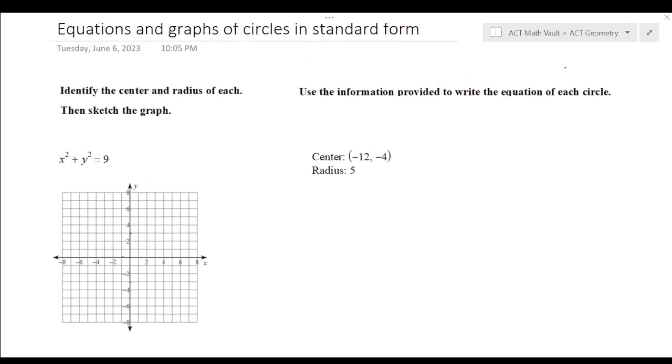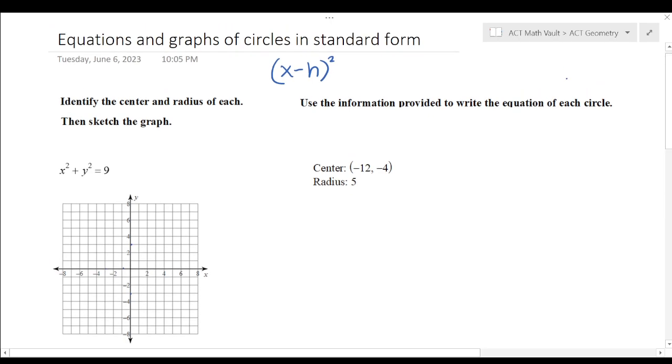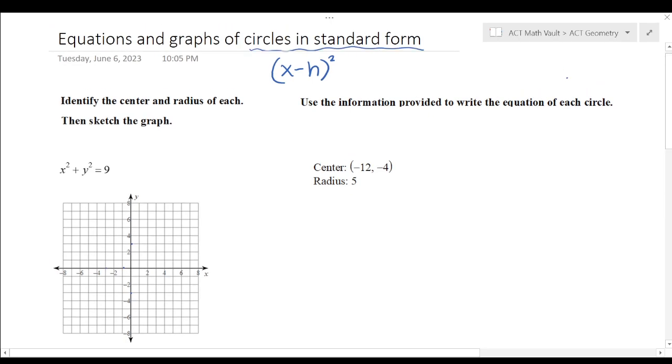Okay, the first thing we need to talk about is the formula. So the ACT requires you to know quite a few formulas going in. Circles in standard form: (x minus h) squared plus (y minus k) squared equals r squared. How do I remember that?